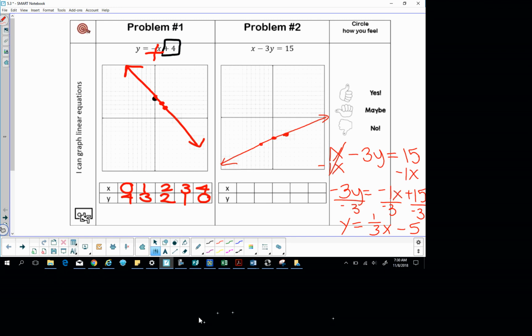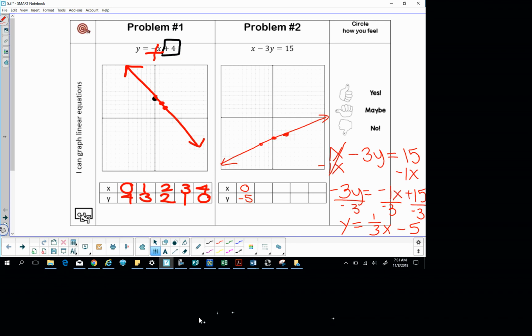You'll be able to see it on your other paper a little better. Then we knew our y-intercept was 0, negative 5, and we go up 1 over 3. Up means I'm playing around with the y's, and with the x's I'd be playing around with the bottom one.